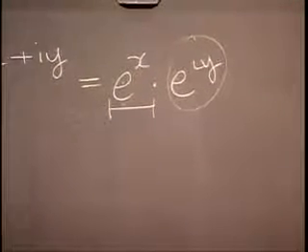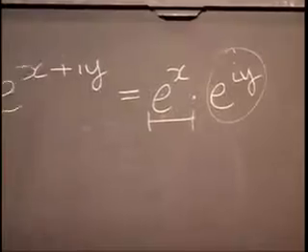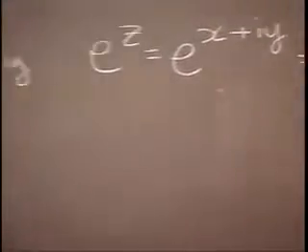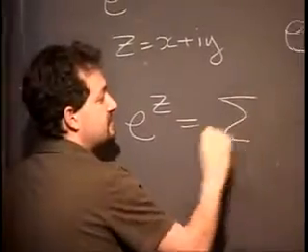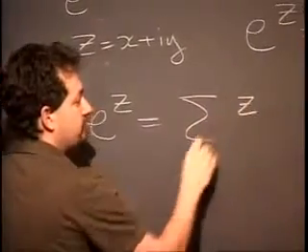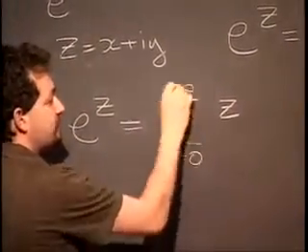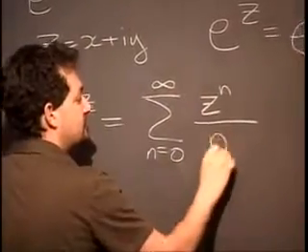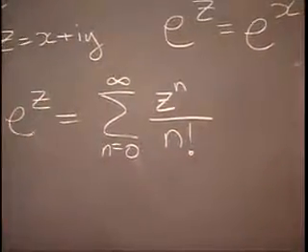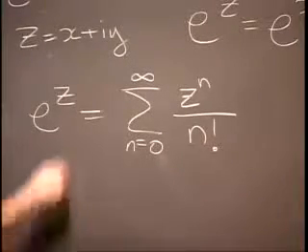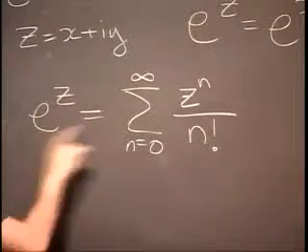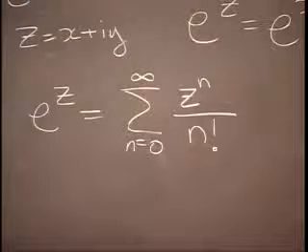Well, one way to find out what it means is to pretend that z is real and define e to the z to be the sum from n equals 0 to infinity of z to the n over n factorial. That should be a pretty familiar power series. If z is just a real number, this is exactly true, and it's true for all real numbers.